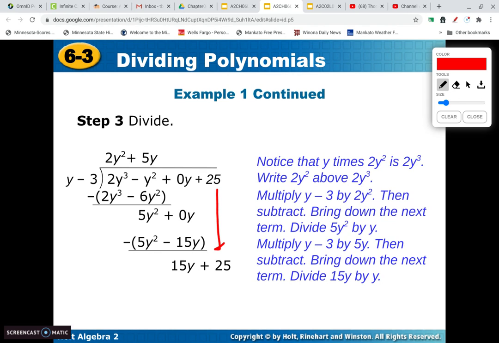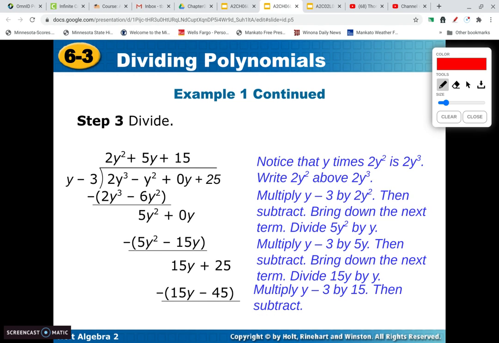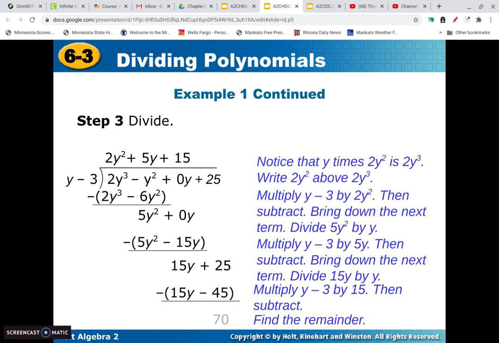What do we multiply y by to get 15y? Well, that's going to be positive 15. And as it turns out, we get negative 15 when we subtract. Those are gone. 25 minus a negative, you can see that ends up being 70, which is the remainder.